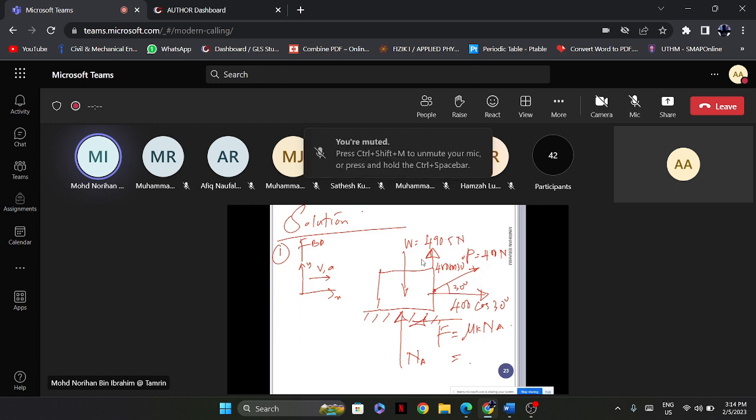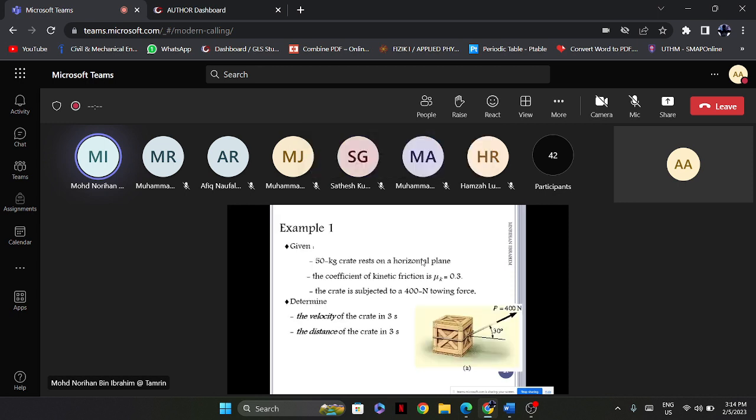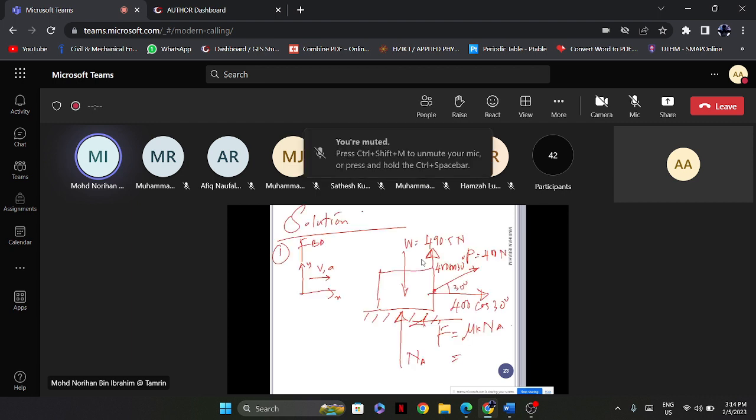What is the coefficient of kinetic frictions? 0.3, so we can put in this 0.3 N_A. So here's the also called the free body diagrams of this example 1.